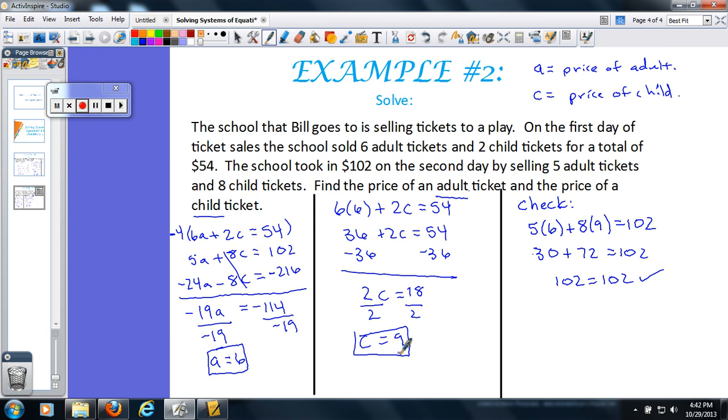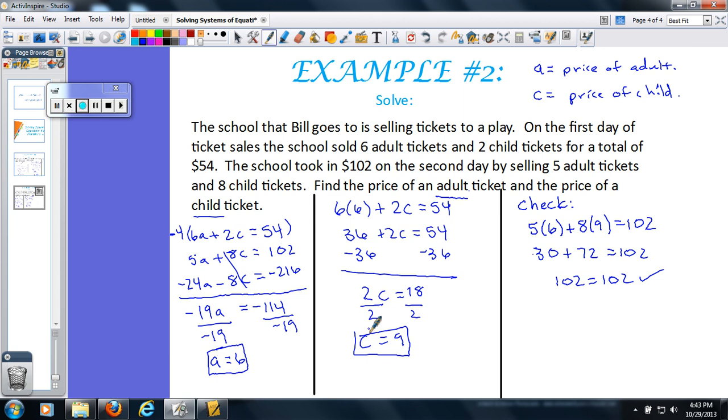Now the only thing you need to make sure you do, and this is not something I've made a big deal about because we haven't really gotten to word problems until now, is I do suggest that you label your answers as well, because these are word problems, and I don't necessarily know what C represents and what A represents.